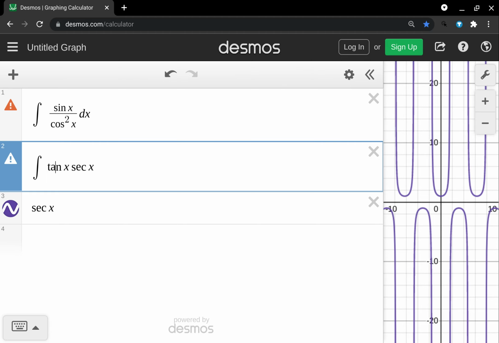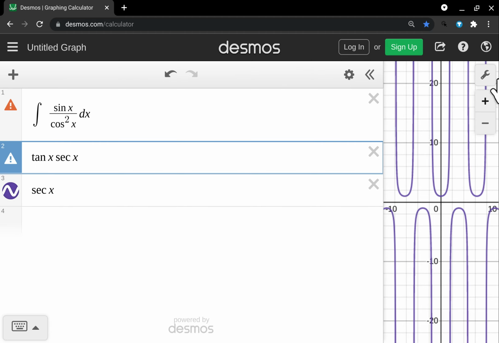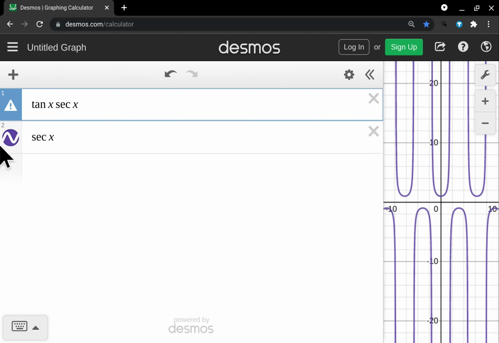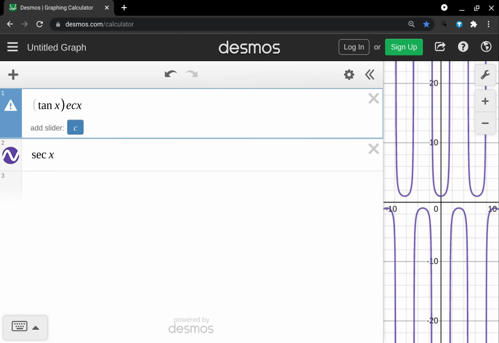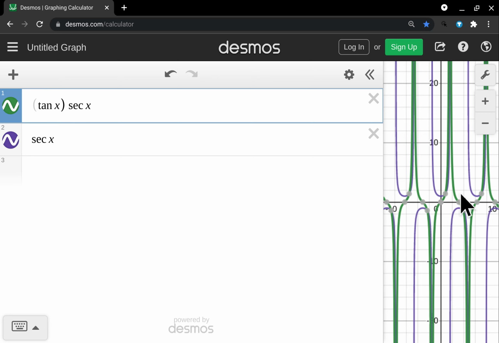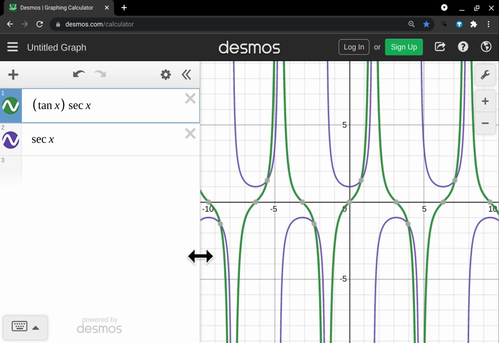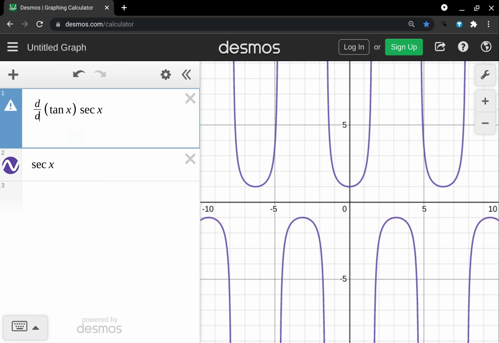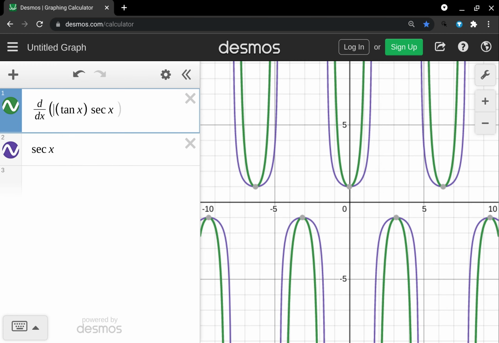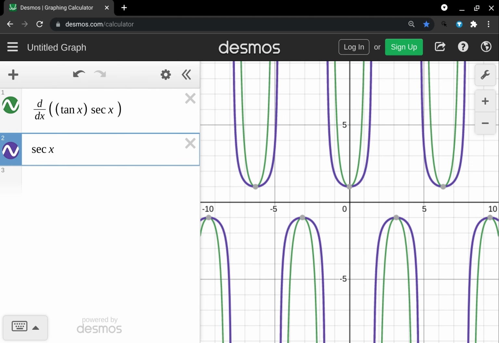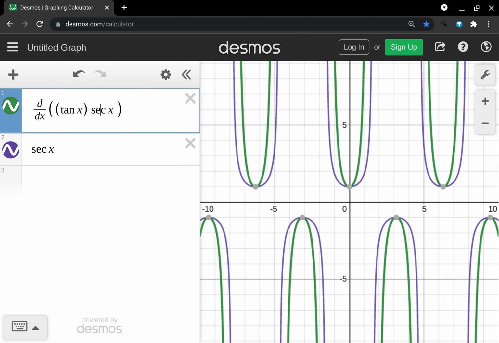So let us do this, and you shall see. So first of all, these two might not work together, but now we can do d of dx. Ooh, what are we doing wrong? Okay.